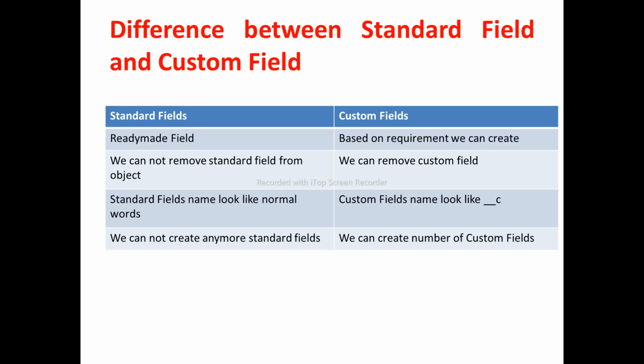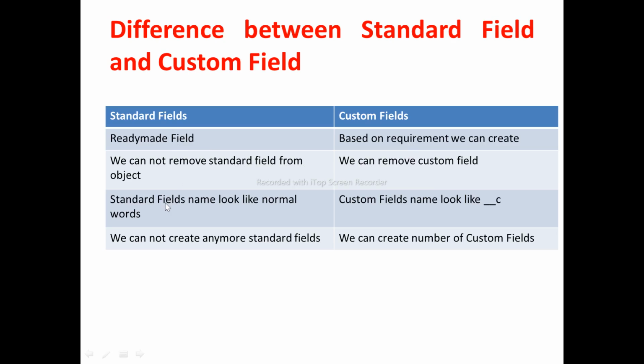Next is the difference between standard fields and custom fields. Standard fields are ready-made fields, and custom fields we can create based on our requirement. Also, we cannot remove standard fields from an object, but we can remove custom fields.